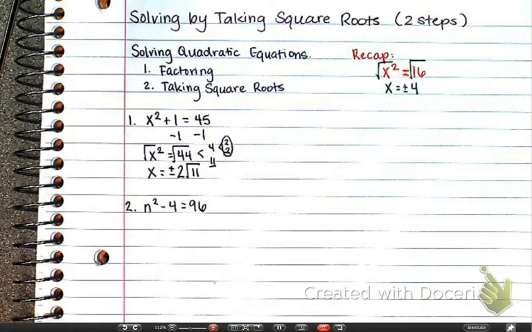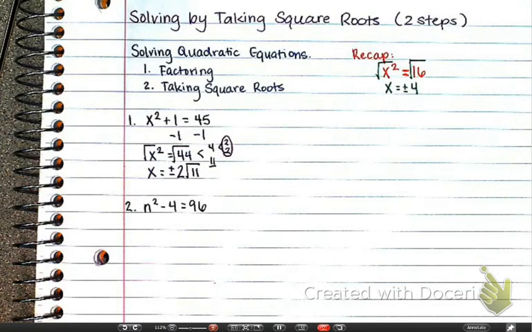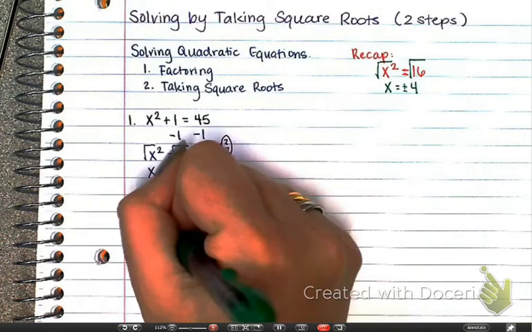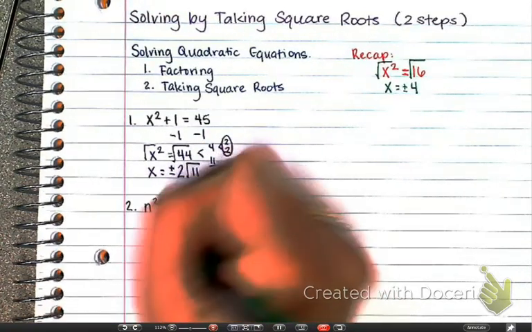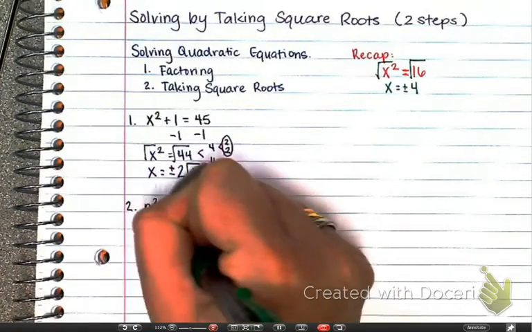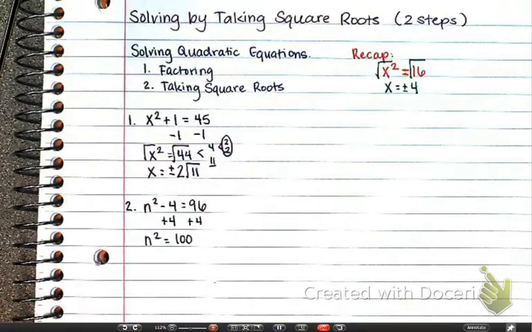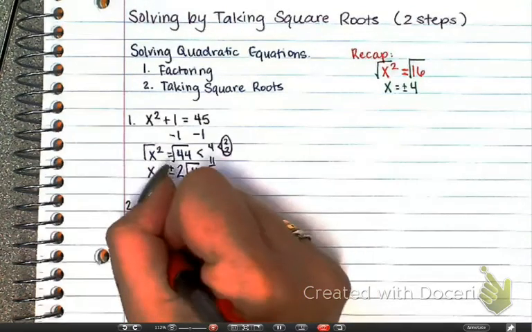So n squared minus 4 equals 96. Where do I start? Add 4 to both sides. Great. So n squared equals 100. And I want to get n by itself.